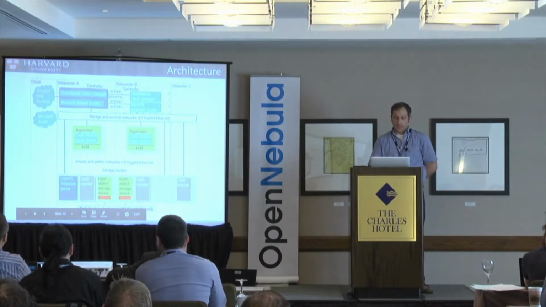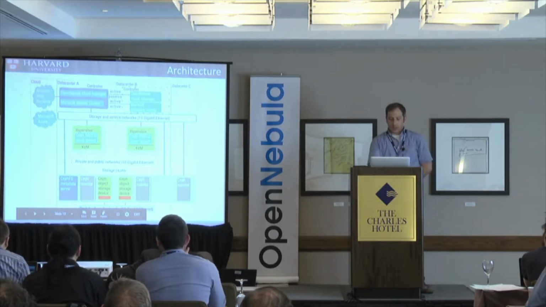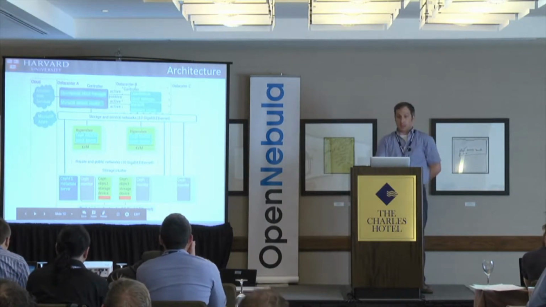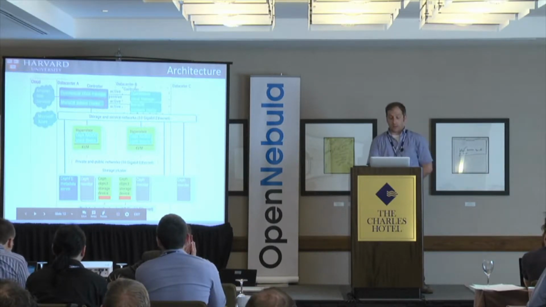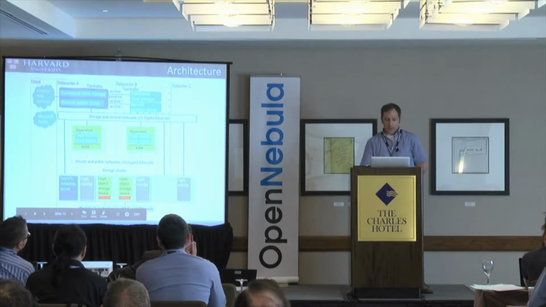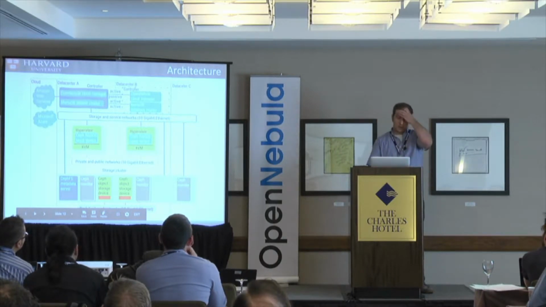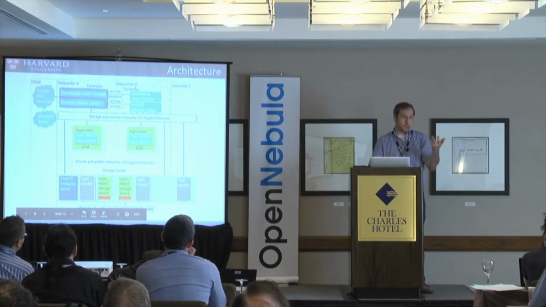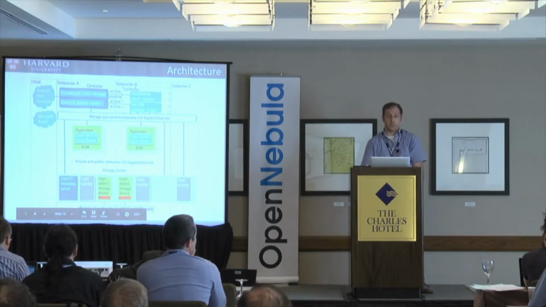Basically we have controllers, hypervisors, Ceph mons, and OSDs running in both data centers in Harvard and Boston. The controllers are active-passive with an active-active MariaDB cluster, although that's about to change to Galera, and we'll probably also make some additional changes with the new release.